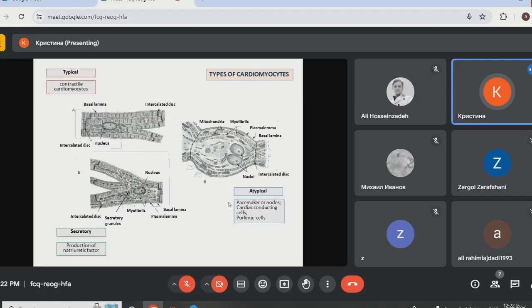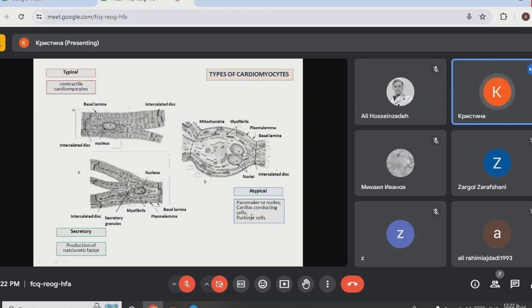And they generate about 60 impulses per minute, and it makes our heart beat about 60 times per minute. This is why they are called pacemaker cells.